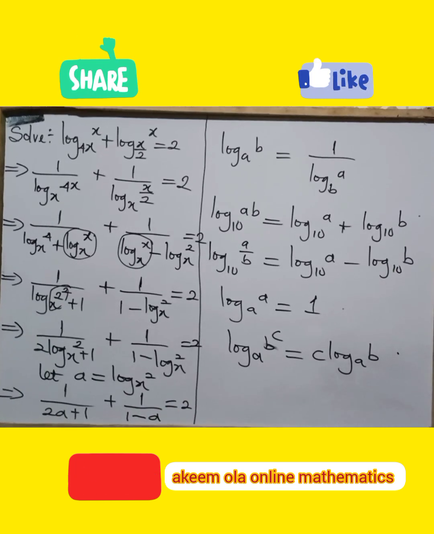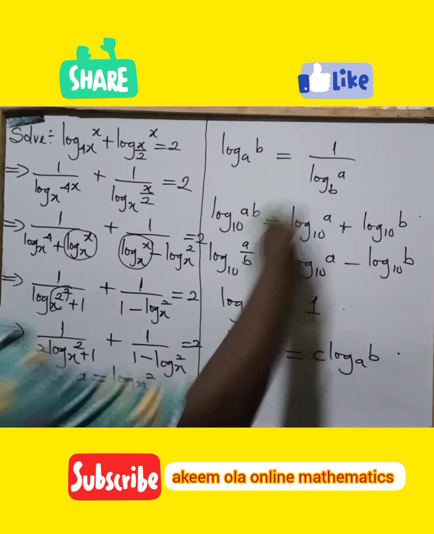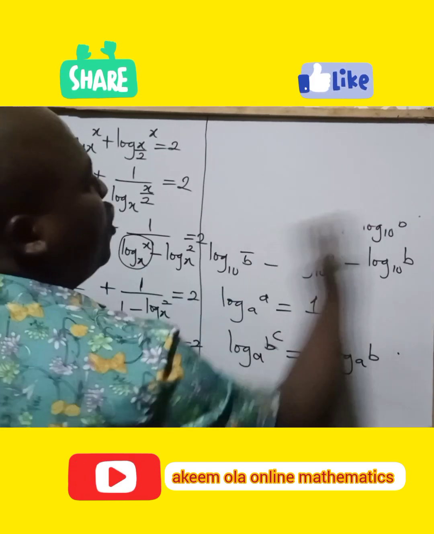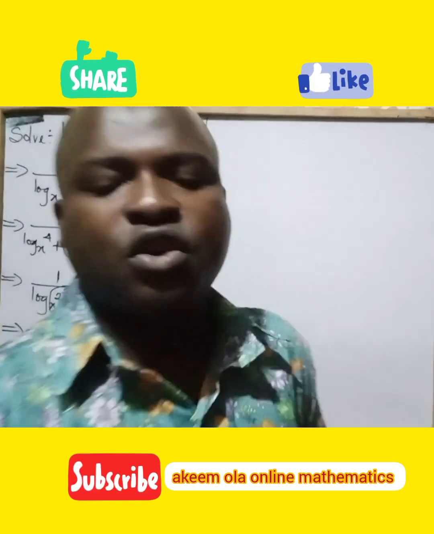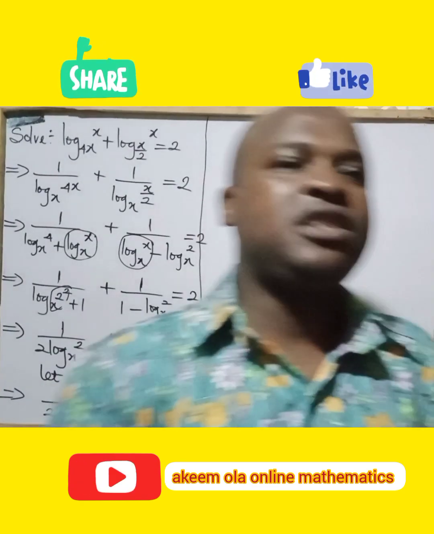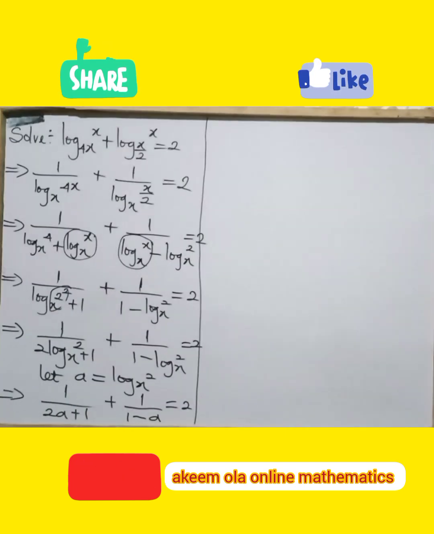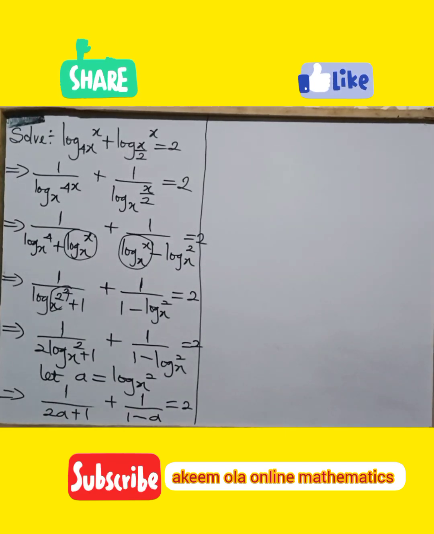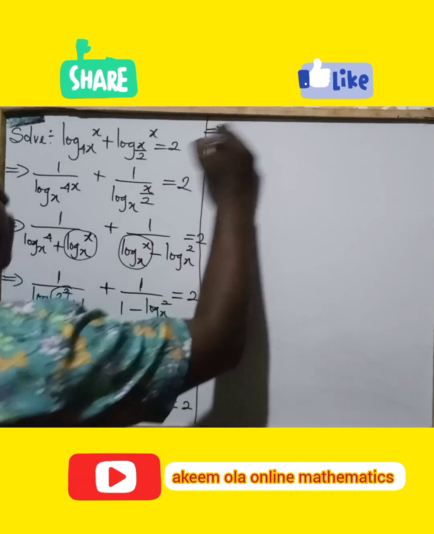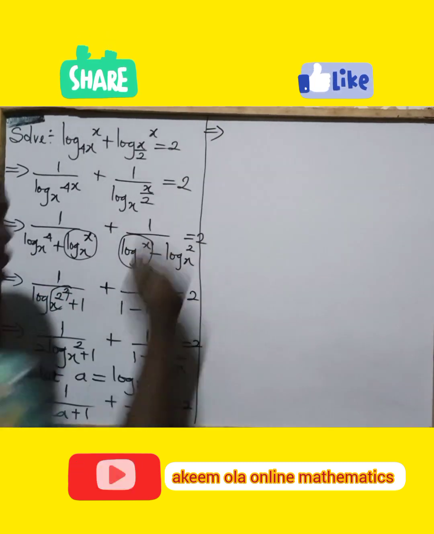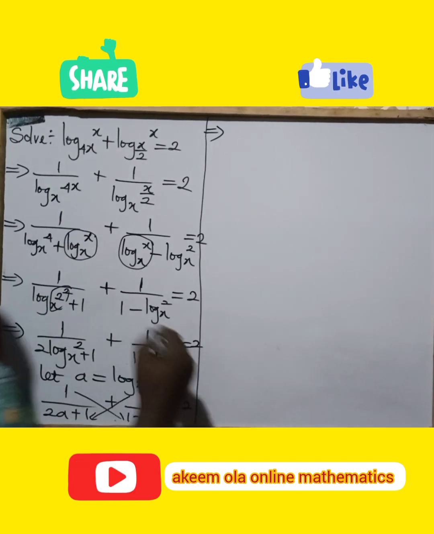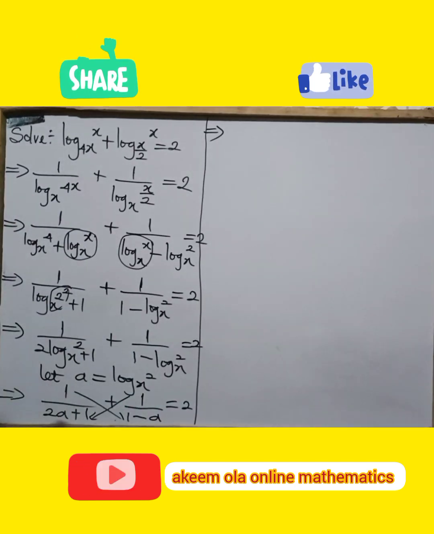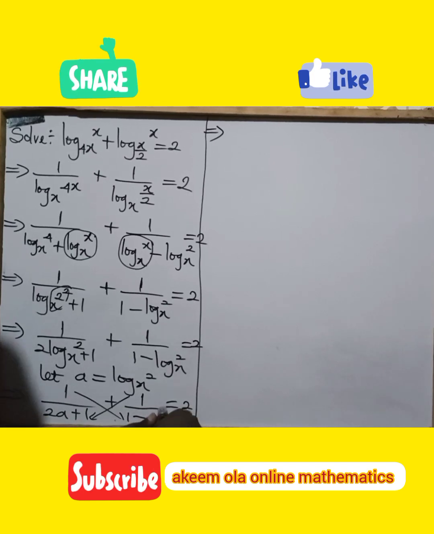As you can see, we now have an algebraic fraction on the board. And the only way we can simplify an algebraic fraction is by finding the LCM of the denominator. Or we can even do the cover method or the cross multiplication method. If we should continue from here, the LCM of these two, we are going to cross multiply to multiply these two.